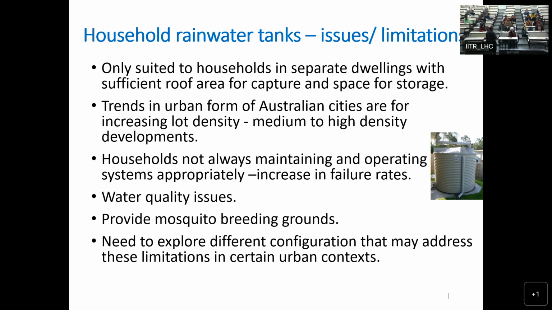Then what you do is you start with a 5 kiloliter rainwater tank and keep increasing. Then you will find different volumetric reliability. What you will see is that at 10 kiloliter, you will be getting 80% or 90% reliability. To get close to 99 or 100, you need 50 kiloliters.